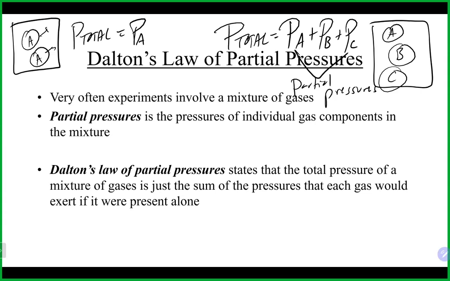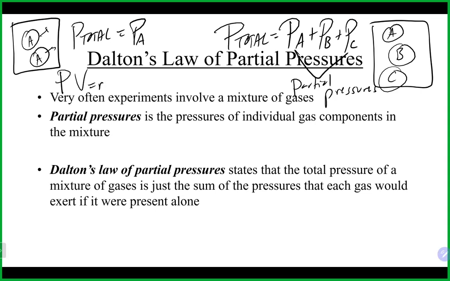So even though, for example, here on the right-hand side, I have gas molecules A, B, and C, different gas molecules flying around in the same container, in an ideal situation there's really no interaction between any of those different gas molecules. We could almost think of each of those gas molecules as being in there by themselves. And what that allows us to do is figure out the pressure for each of those gases.